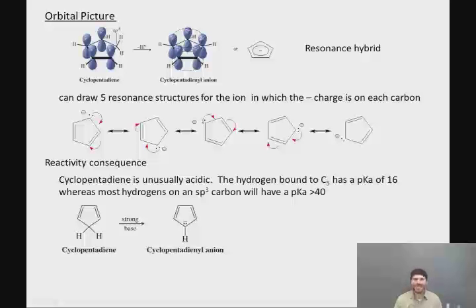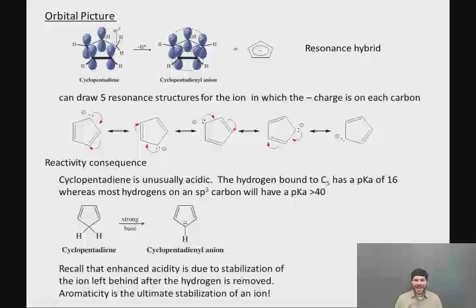It has essentially the same pKa as the OH of water, whereas most hydrogens on an sp3 carbon will have a pKa greater than 40. So assuming you use a strong enough base, you can deprotonate cyclopentadiene to give the cyclopentadienyl anion.